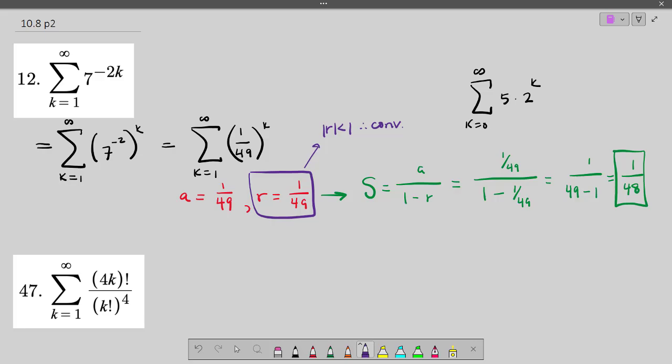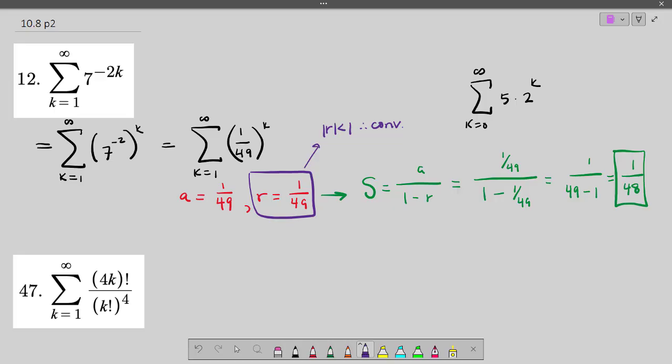Like if r is 2, let's just say both a and r were 2, you can plug it in here and get a number. You would get a negative number, but it would be meaningless. We know that if r was 2, that diverges because we'd be adding 2, and then we multiply by 2 and get 4, then we multiply by 2 and get 8. We'd be dealing with something egregious like that.